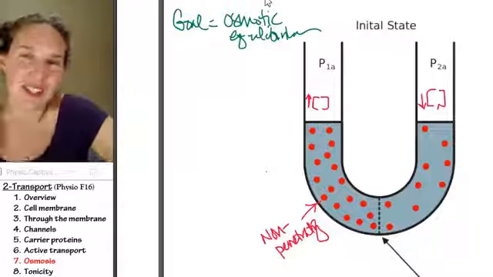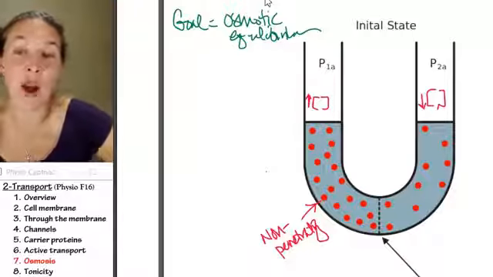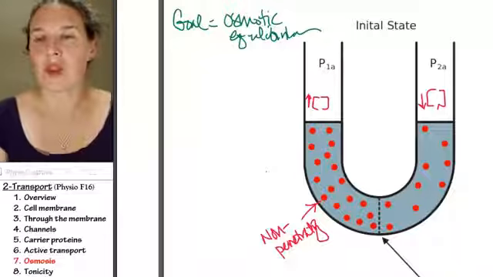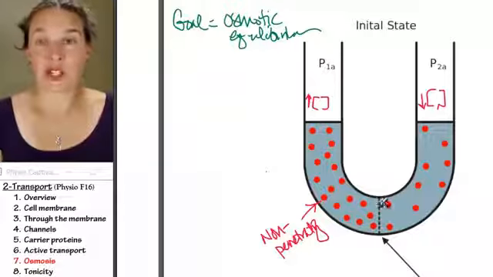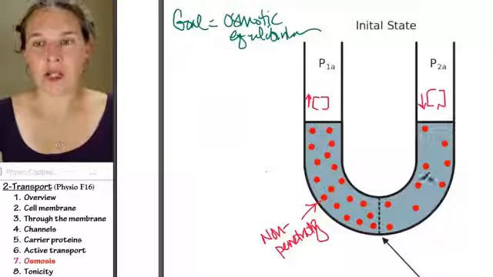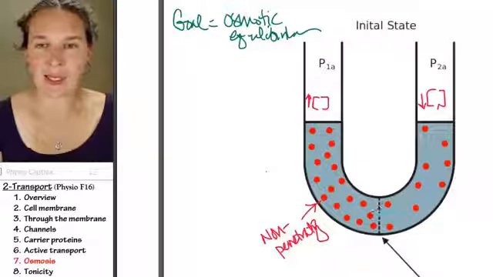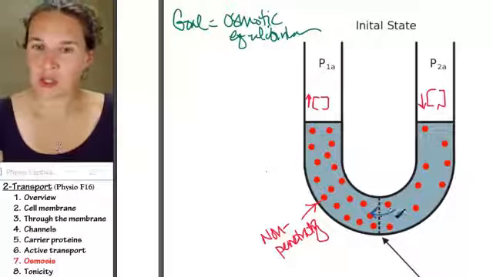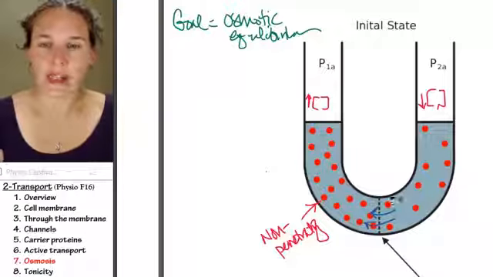So talk to me. What do you think is going to happen with the water molecules in this scenario? Particles can't move to change the concentration, but water molecules can. Water is going to move.